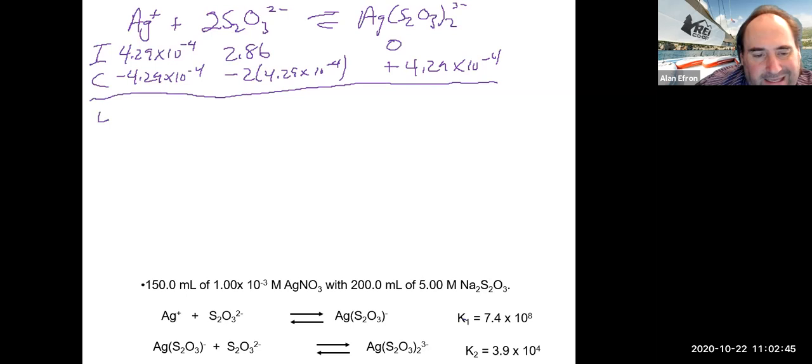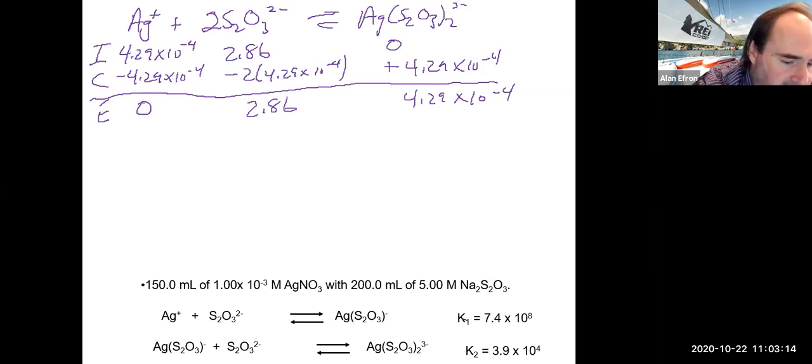That's going to get us to equilibrium, where our assumption is we're going to use up all of our metal here. We will end up with 2.86 minus 2 times 4.29 times 10 to the minus 4. We also end up with 2.86 pretty much, and 4.29 times 10 to the minus 4.